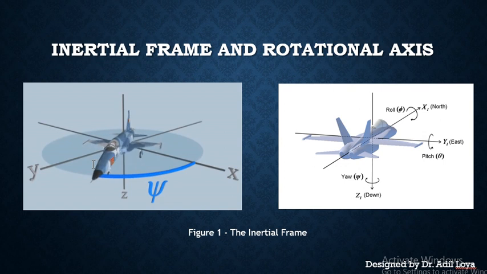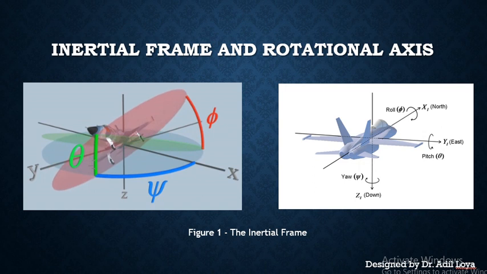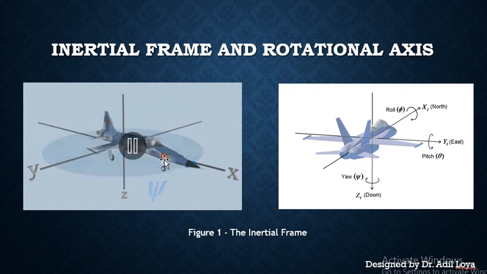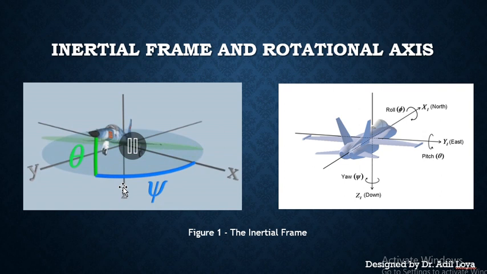And then when it rotates with respect to x, it is changing its pitch angle, which is shown with the green color on the screen. And then ultimately, when it rotates about the y-axis, that's shown with phi, which is the roll angle.